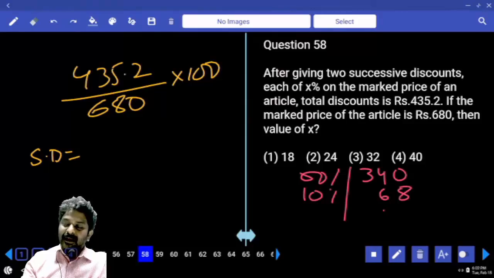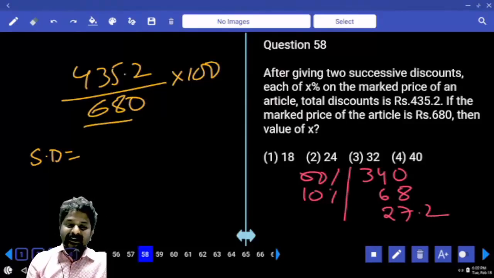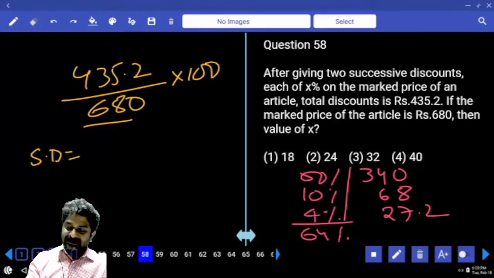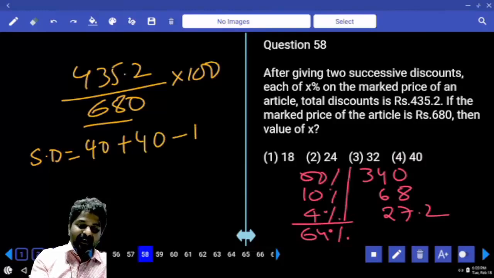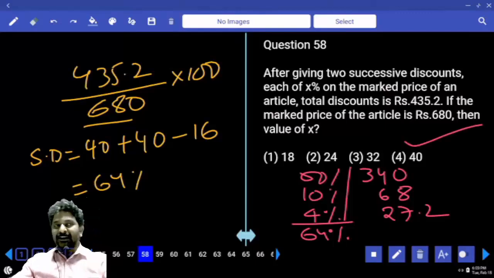Still we have to add 27.2. 1% is 6.8 and this is exactly 4 times. So total discount percentage offered is 64%. Agreed or not? Right. So if the total discount offered is 64%, 40 plus 40 minus 40 square by 100, which is equal to 64. Fourth option is right answer, single discount.